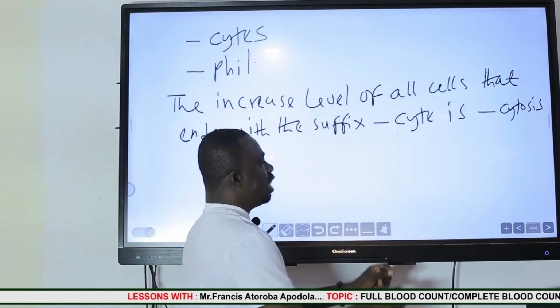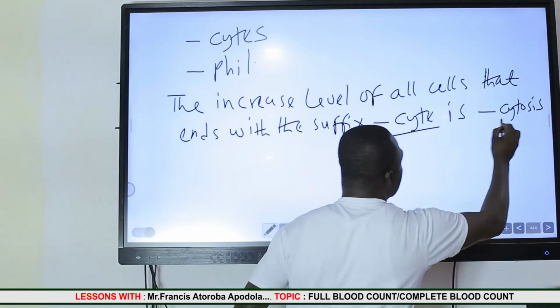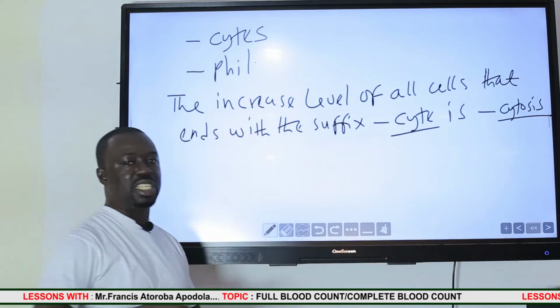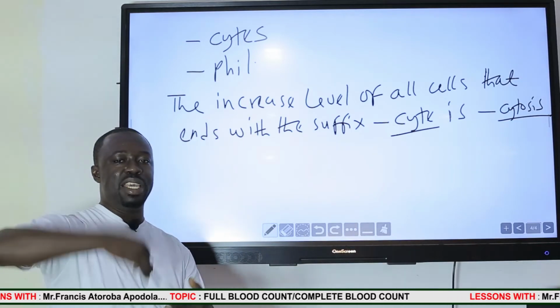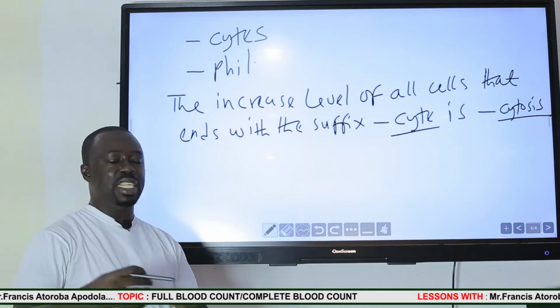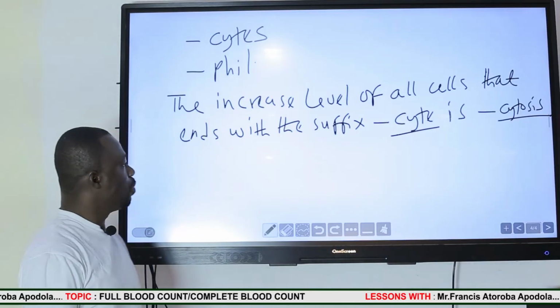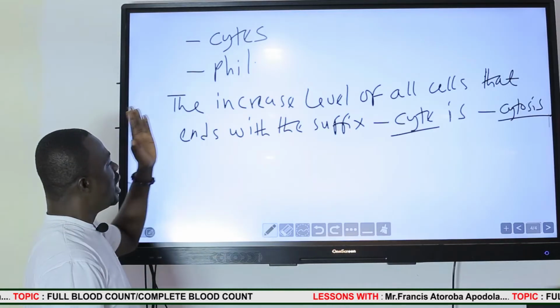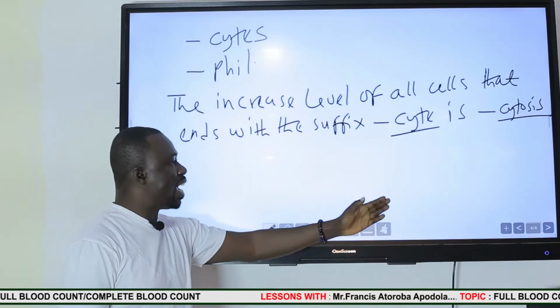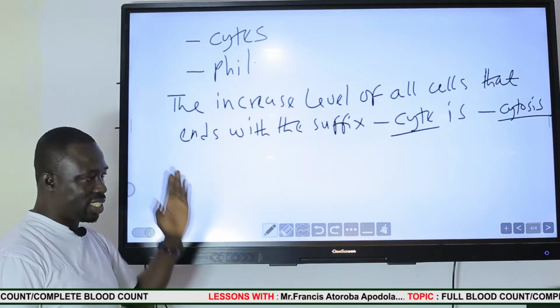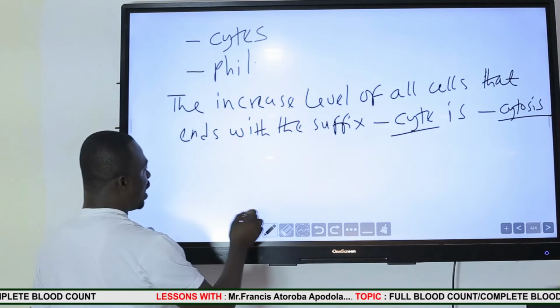So when the cell name ends with cyte, the increased level is cytosis. Osis is a condition to describe an increased number with respect to blood cells. So all cells whose suffix ends with cyte, the increased level is what? Cytosis.